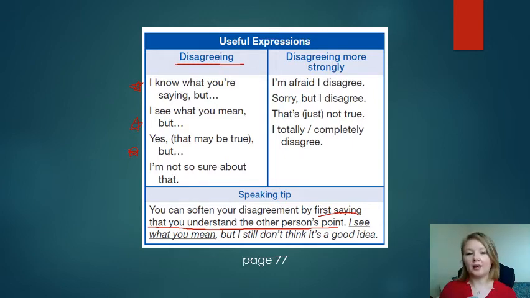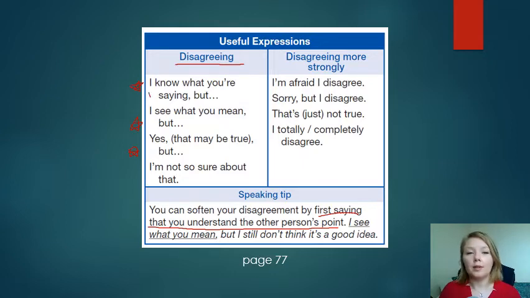This is a way to be very polite and also to show the person that we care about what they say, but we still disagree. It is not a strong disagreement. It's a way to say, I understand you, but I disagree. I think something different. It is very polite. So let's go ahead and look at these examples.